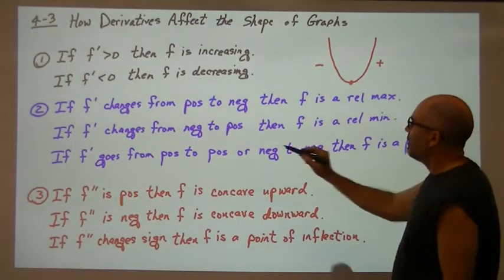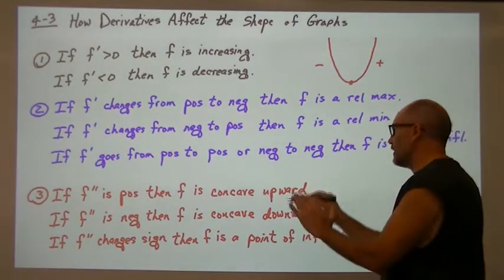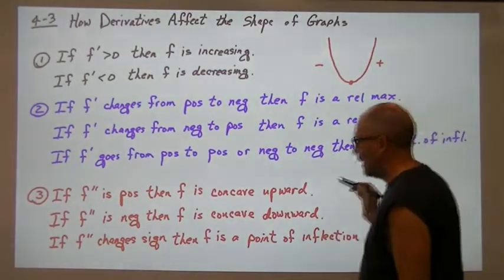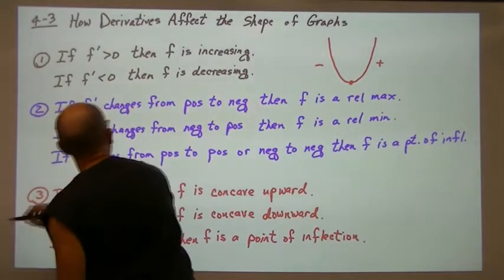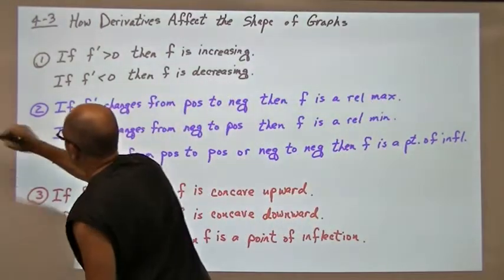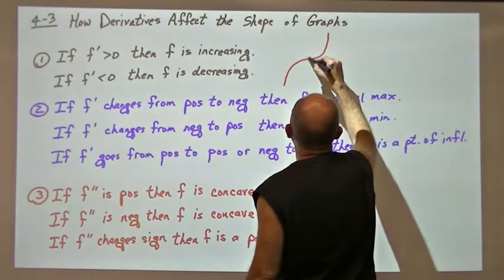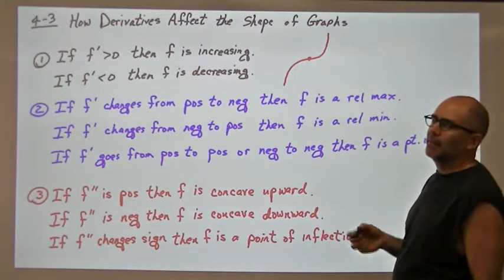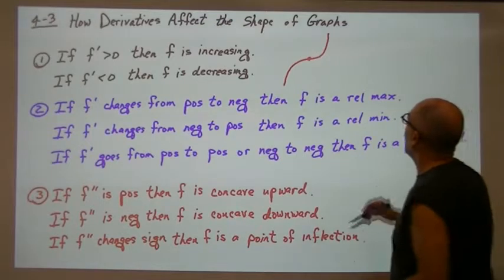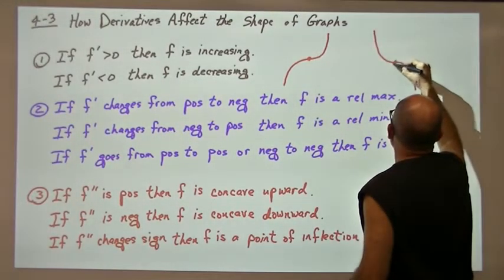Okay, now, what if f prime goes from positive to 0 and then positive again, or negative to 0 and back to negative again? Then what do we have? Here's positive to 0 to positive. That's like the y equals x cubed function. Or negative to 0 back to negative.